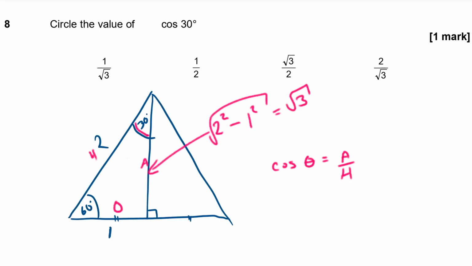So we need to know cos 30, which is the adjacent, which was our side here we worked out using Pythagoras Theorem, divided by the hypotenuse, which was 2. So the one we want is that one there.